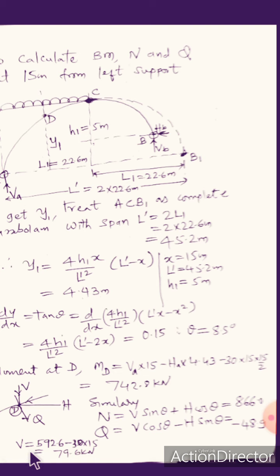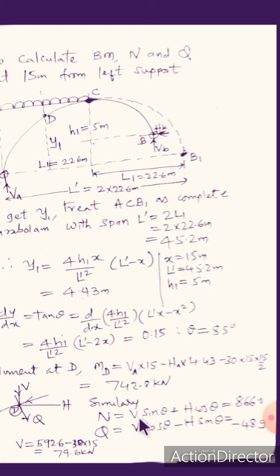Now once you calculate V, once you calculate H, this H is already calculated. Whatever H is introduced to keep this free body diagram in equilibrium. Try to understand from your first year mechanics. This free body diagram is in equilibrium means there has to be one force vertical which is counterbalancing the forces of UDL as well as this one. One more force is H, which is introduced to counterbalance this one. These two are equal. So in this way finally you should calculate correct value of V here.